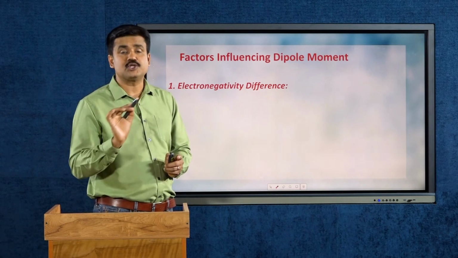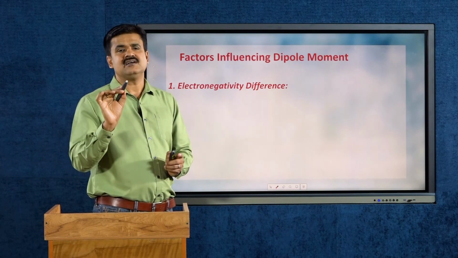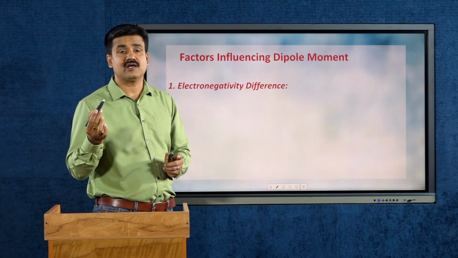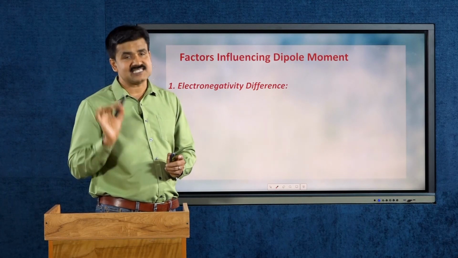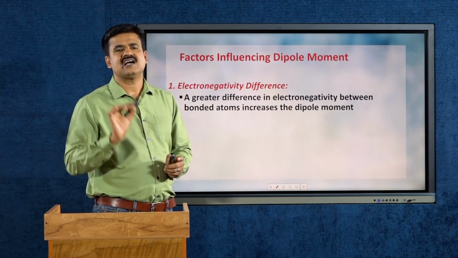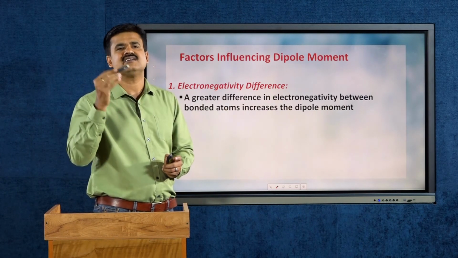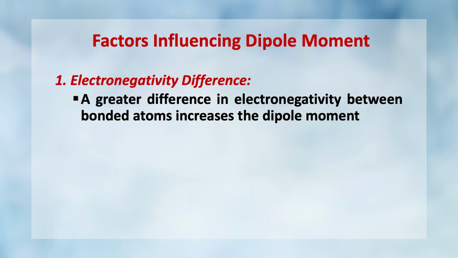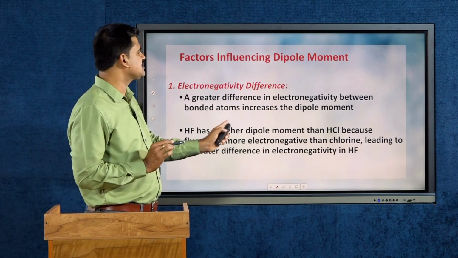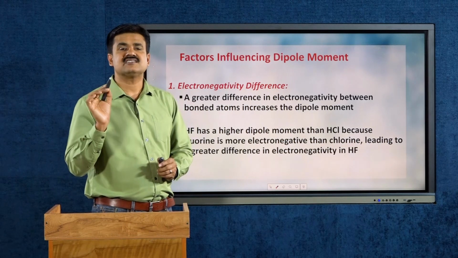If you are taking the H2 molecule or Cl2 molecule, the participating elements have similar electronegativity and such bonds are non-polar because the electronegativity difference is 0. So, it should be noted that electronegativity difference has close alignment with the dipole moment. A greater difference in electronegativity between bonded atoms increases the polarity and increases the dipole moment. For instance, HF has a higher dipole moment than the HCl molecule.